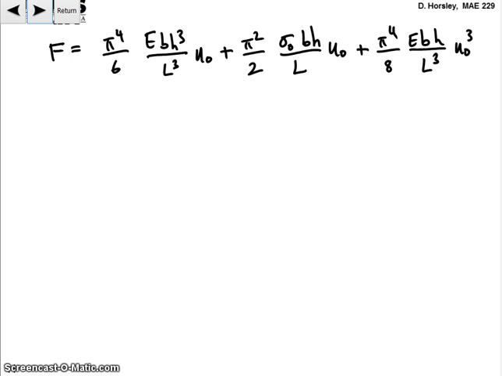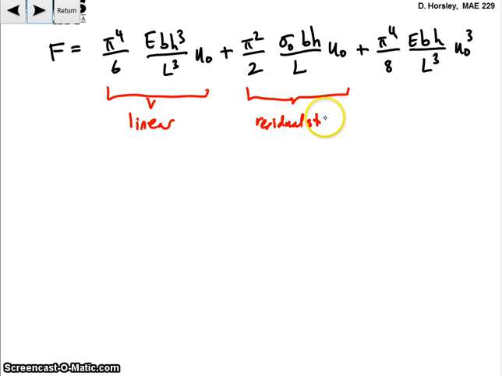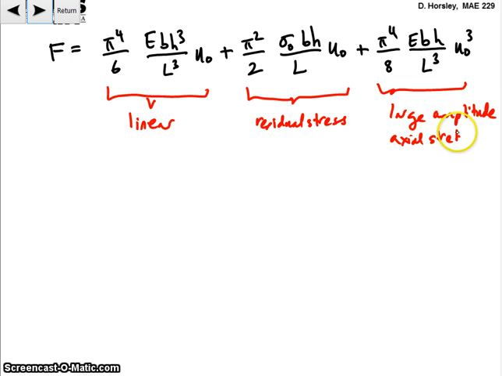This is the linear term, this is the part due to residual stress, and this is the large amplitude term due to axial stretching.